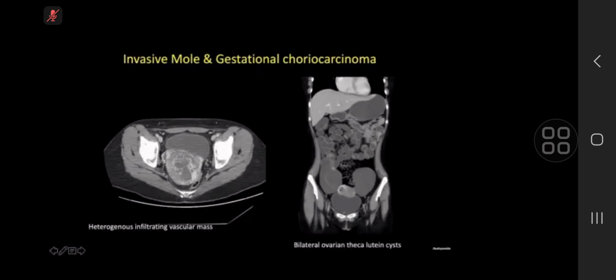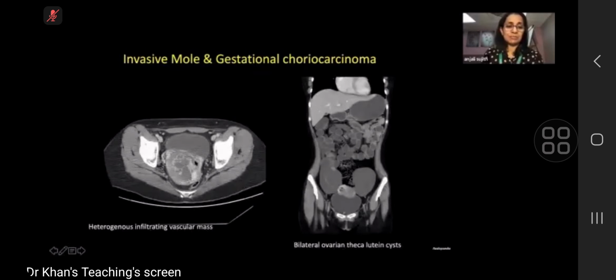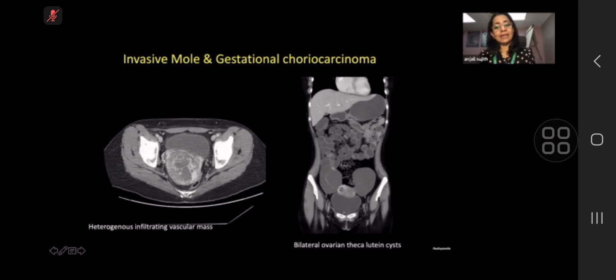And then there is a heterogeneous mass within the uterus that has enhancing components and cystic components, but it's hyperenhancing on contrast imaging. So the features are consistent with an invasive mole. Yes, it does invade into the myometrium, and choriocarcinoma behaves like any other malignancy. It can metastasize. So cannonball metastasis to lung is common in choriocarcinoma.